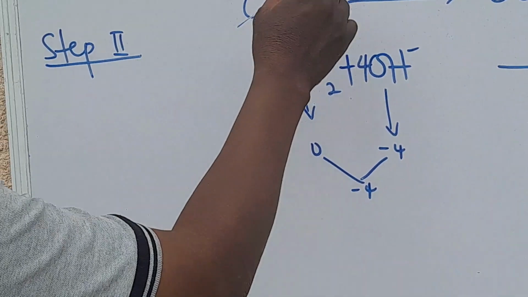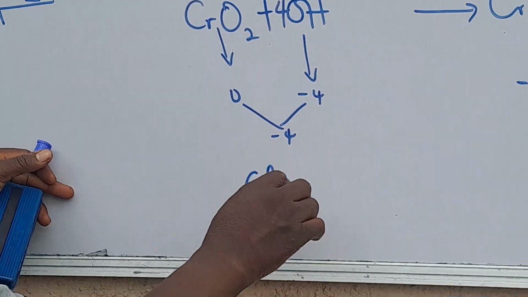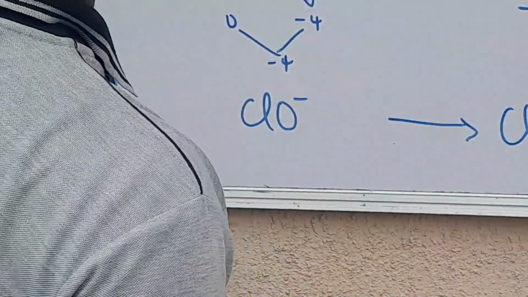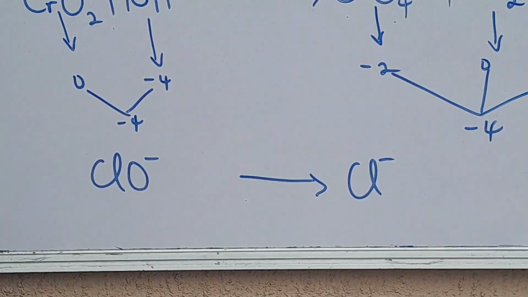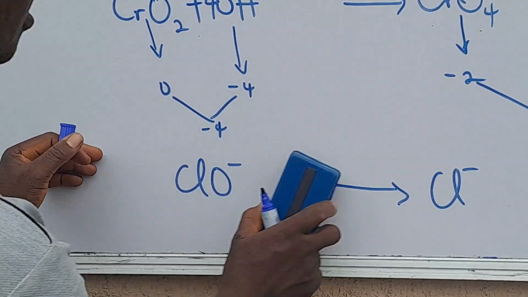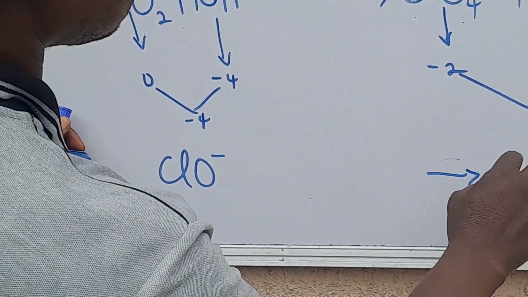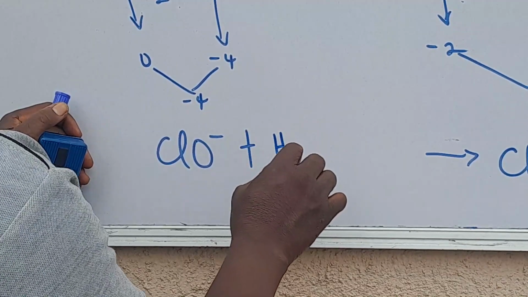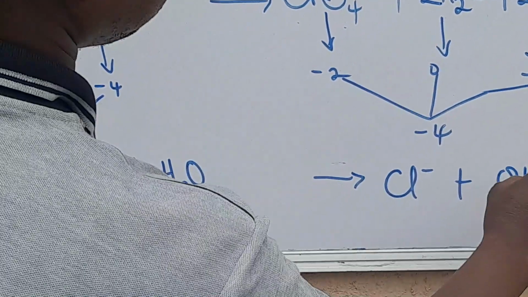Now let's pick this and also balance it. So we have ClO minus going to Cl minus. Remember, I told you you're going to add water to the one that has the highest oxygen. So let's add water to this place. So we have H2O, of course, we have OH minus.